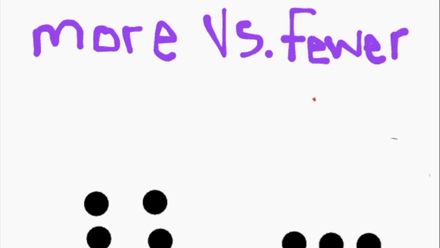Here's 10, and here's a group of 3. And this one I split kind of in a silly way. I put a line down the middle.